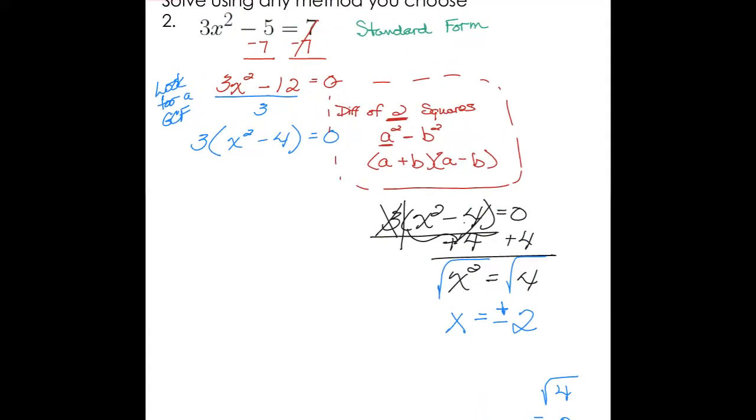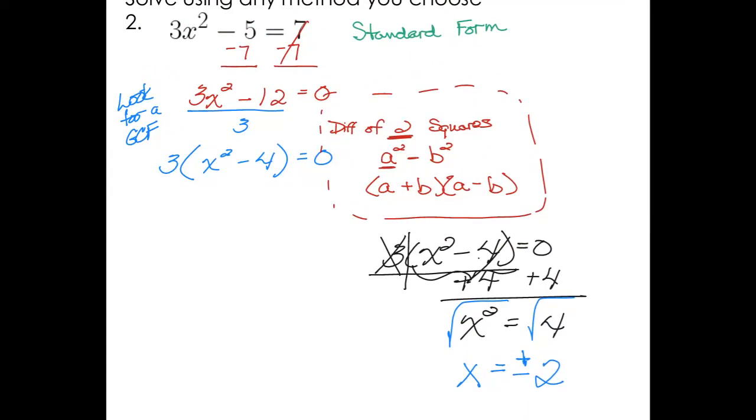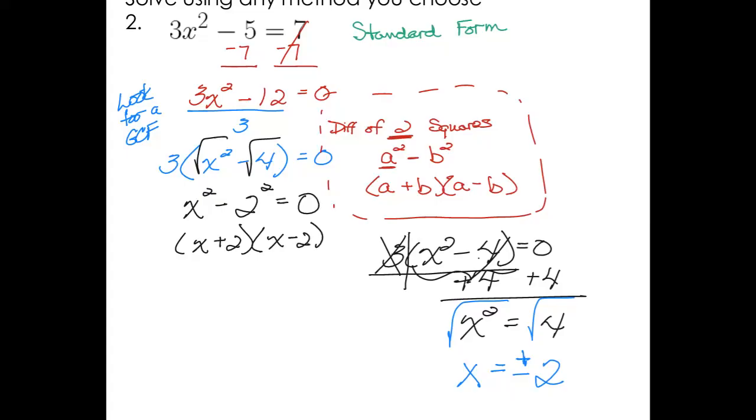If I wrote this out as a difference of two squares, I would say this is x squared, which stays the same, minus 2 squared, and you might want to write this down, equals 0. And then this is like that a squared minus b squared. So this would be x plus 2 times x minus 2 equals 0.